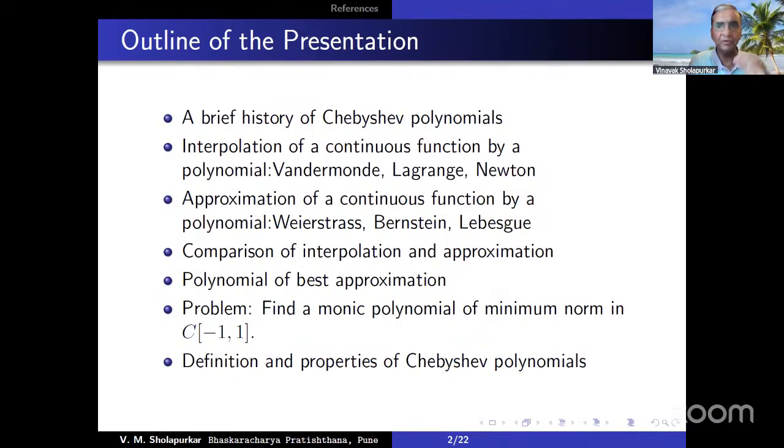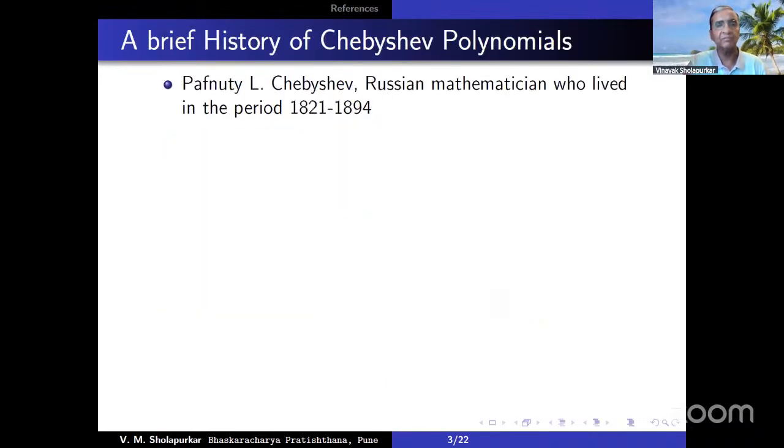Not everything can be proved. A few properties we will see the proofs as well. And tackle this problem of finding a monic polynomial of minimum norm of specific degree n in continuous functions with supremum norm. Okay, so let's go through a brief history.